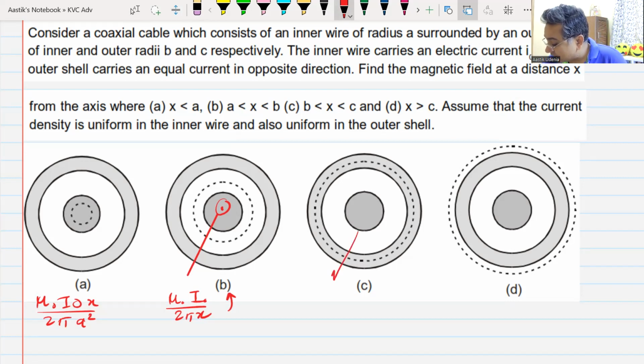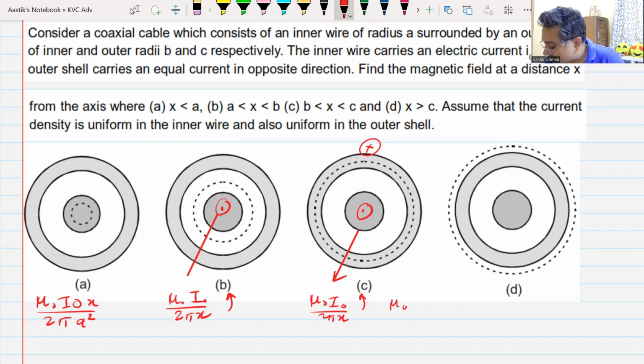In the third case, the magnetic field due to this wire. Remember, this is carrying current in the outward direction. This is carrying current in the inward direction. Due to this wire, it will be mu naught I by 2 pi x. If it is anti-clockwise, the other field will be clockwise, and you have to put the formula of that one.